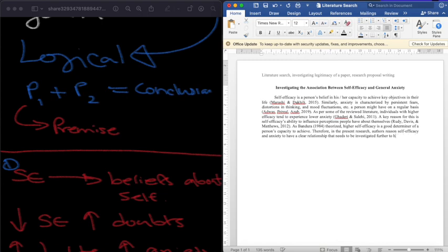Just need to be investigated further, and maybe we can say why exactly we need to investigate this further as well.